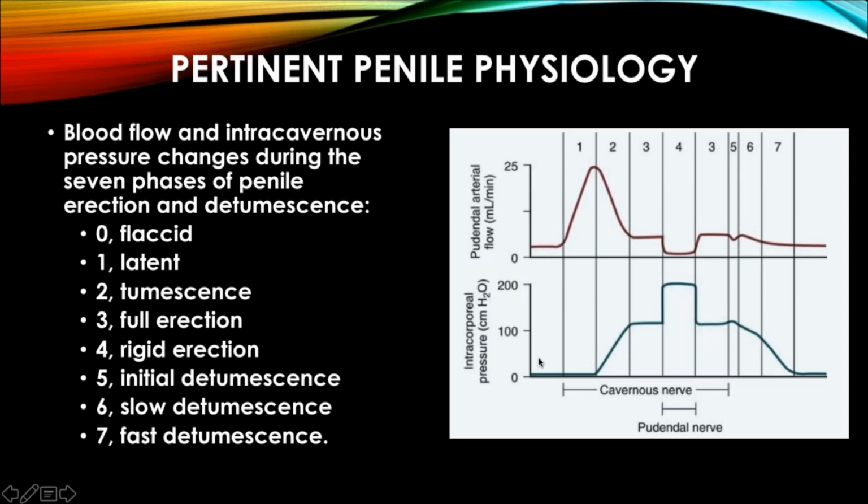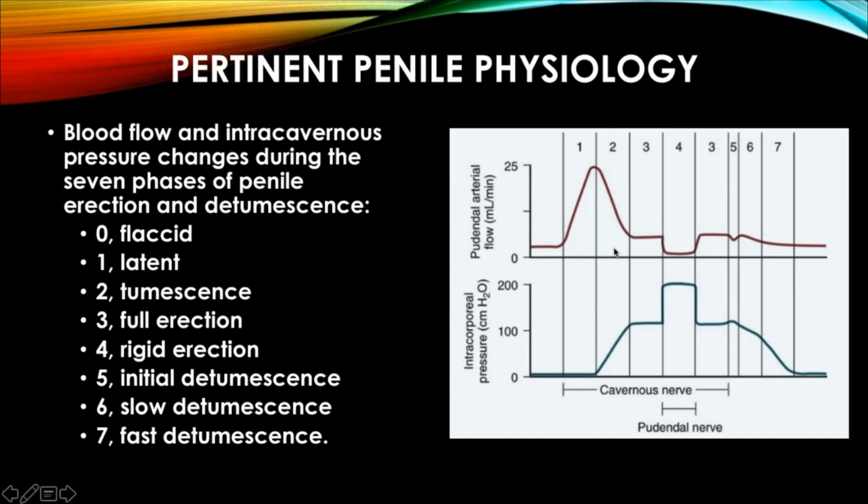You have very little inflow and very low corporal pressures. Once the penis is injected, you get into what's called the latent phase right here, and you see an increase in arterial pressure, and still you don't have much in the way of intracorporeal pressure because it takes a significant increase to build up, and then you have to get some fullness or tumescence, and that's this phase right here.